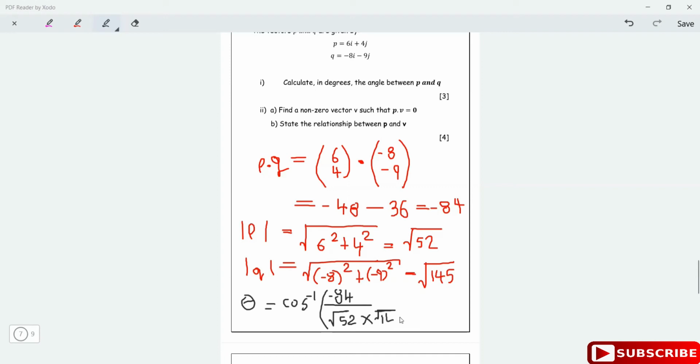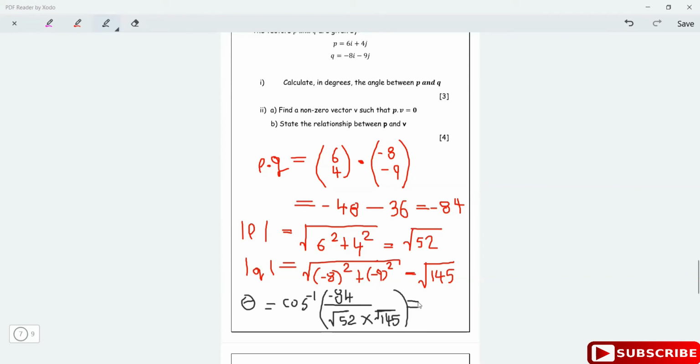Easy question. That works out to be the square root of 52 times the square root of 145, and then minus 84 divided by that. Then we take cosine inverse.